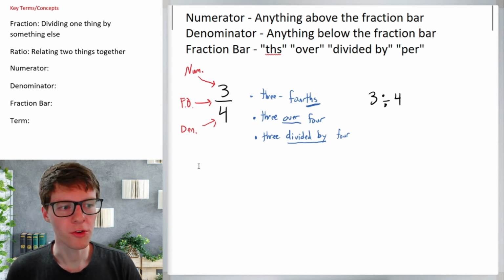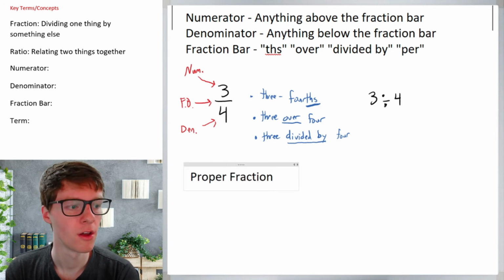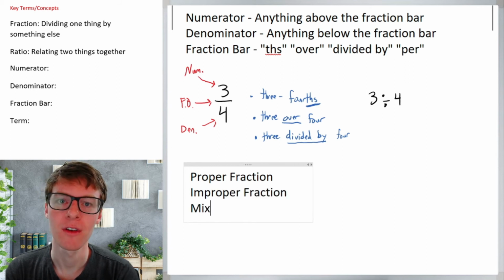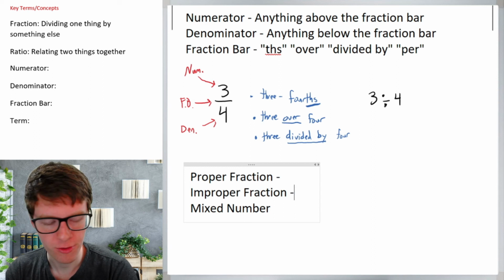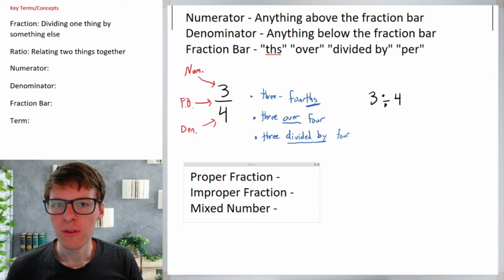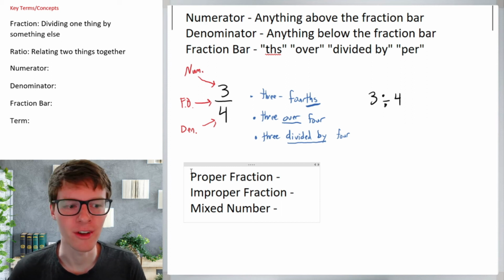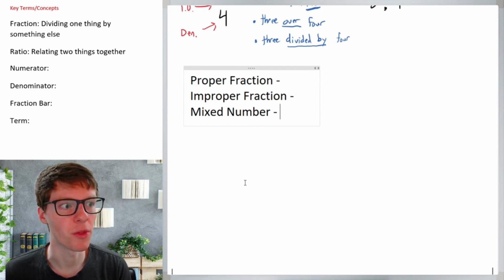So next, there's a few more terms. There's a proper fraction, an improper fraction, and a mixed number. These are generally just words that textbooks use. They're not really useful in actually doing problems. You should know these to be aware so that when they're mentioned, you know what the terms are.